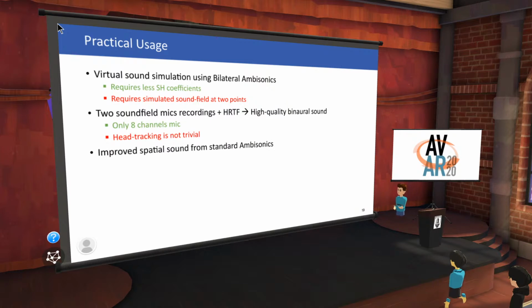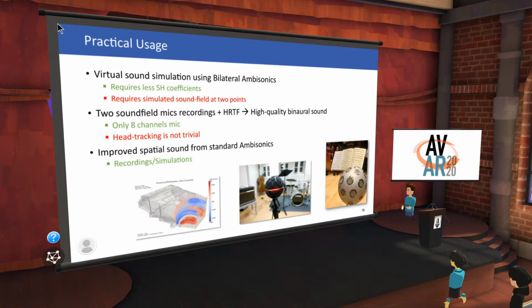Another practical use is to improve spatial sound from standard Ambisonics. For example, if we have already simulated or measured Ambisonic signals using a microphone array, and we know how to derive the bilateral Ambisonics from the standard Ambisonics, we can improve the spatial sound, but it requires additional research.